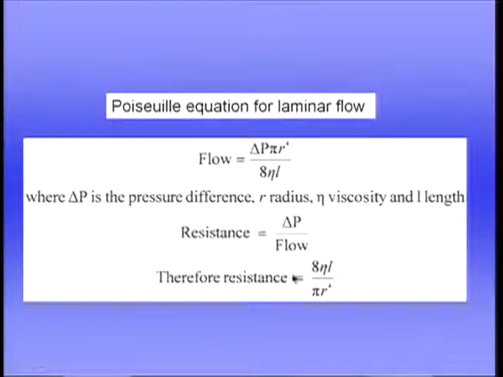Now, that's interesting. It's not surprising that the resistance is proportional to the viscosity. The higher the viscosity, the greater the resistance to flow. It's not surprising that it's proportional to the length of the tube. The longer the tube, the higher the resistance. What is remarkable is that the resistance is inversely proportional to the fourth power of the radius.